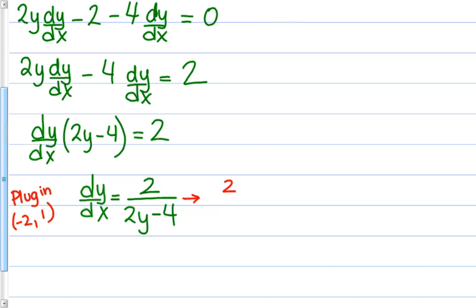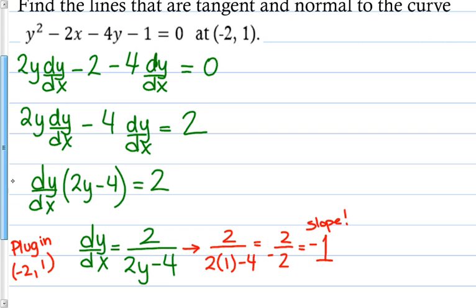So I have 2 over 2 times 1 minus 4. So 2 over negative 2, which is negative 1. There's my slope.